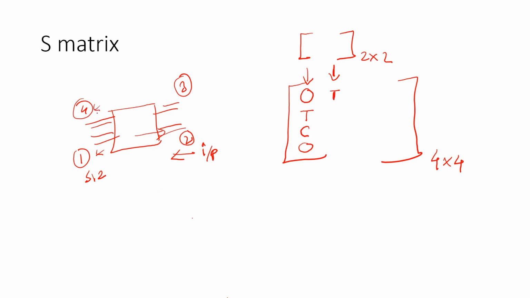In port 4 you will get S42, and S42 will be your coupling port. And port 3 will be your isolation port, so this should be 0. And 2 in 2 port, S22, is your return loss, and this also should be 0.